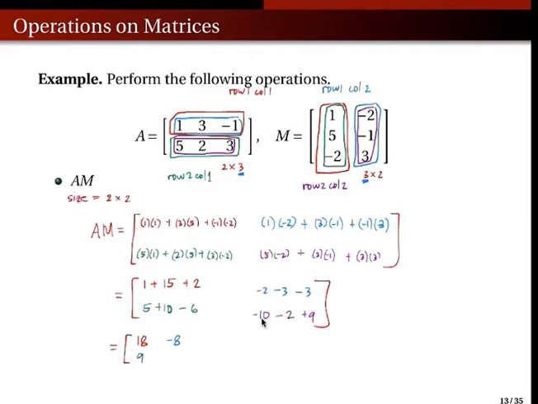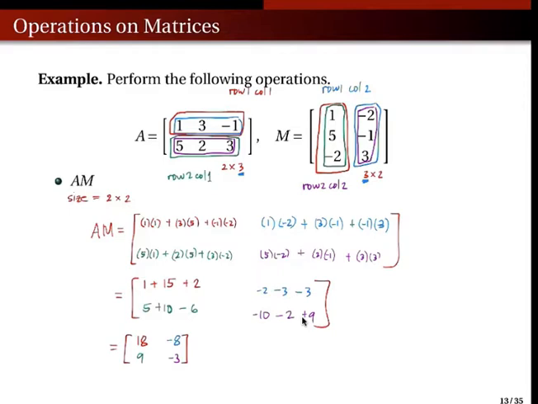And then in here, you have minus 10 minus 2 plus 9. That's minus 3. So this is your product AM.